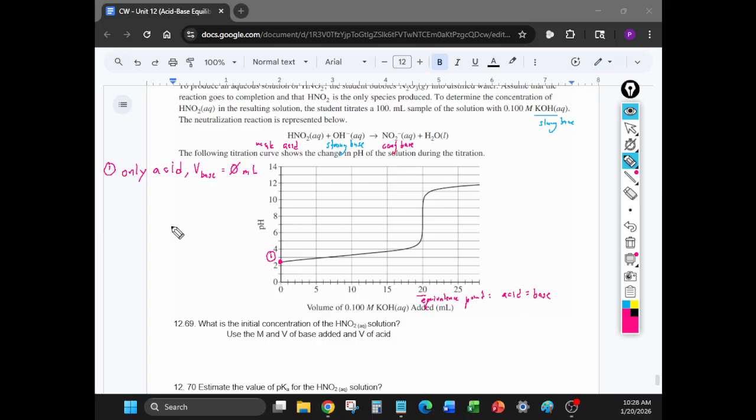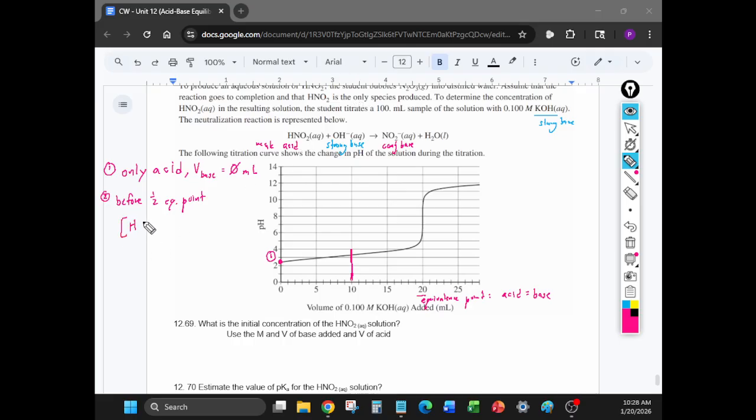All right, so the second section is before halfway to the equivalence point right here. So I'm going to label this right here. We're going to write that the second section is before 1/2 equivalence point. What's special about before you get to halfway to equivalence is that you're going to have more acid.